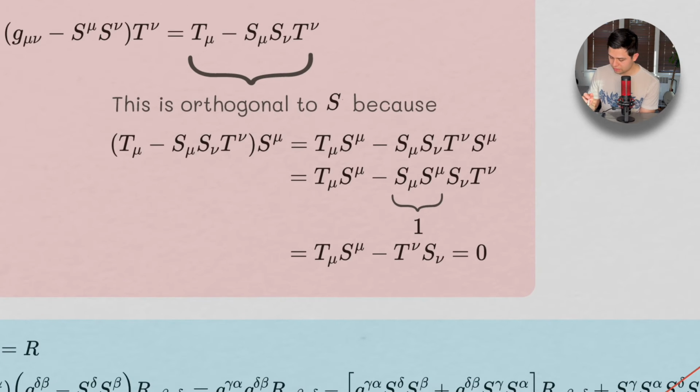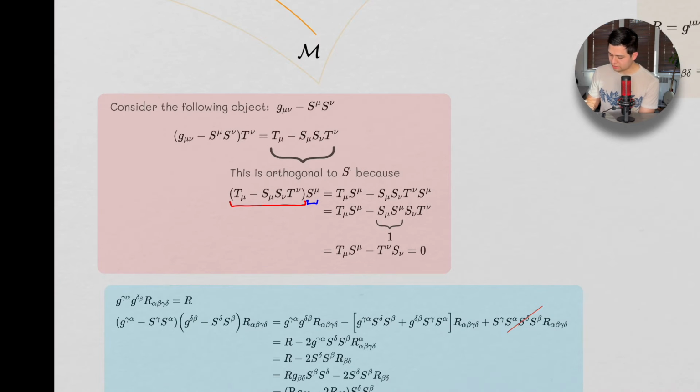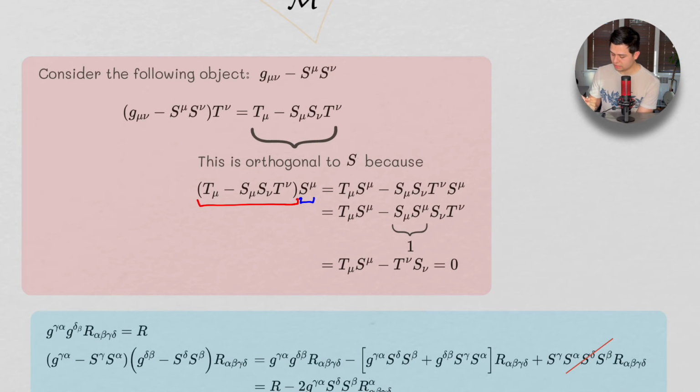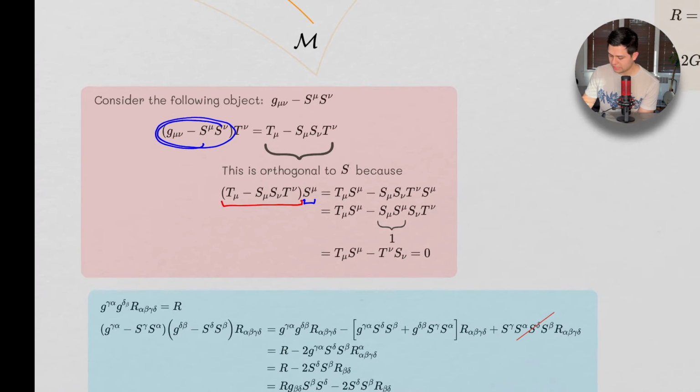So that means this object here is indeed orthogonal to this object here. So this is highly suggestive because we're going to say that this object here sort of projects t.